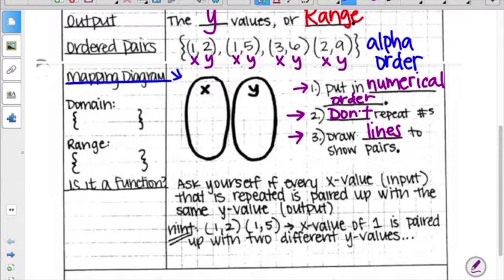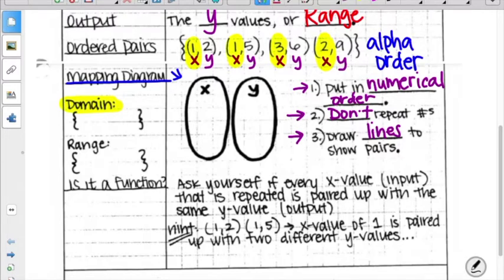So our x values, or our domain, are going to be 1, 1, 3, and 2. So we're going to put them in numerical order.